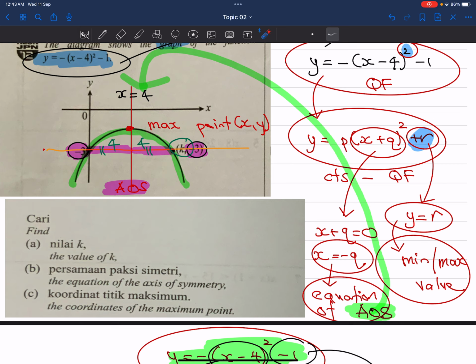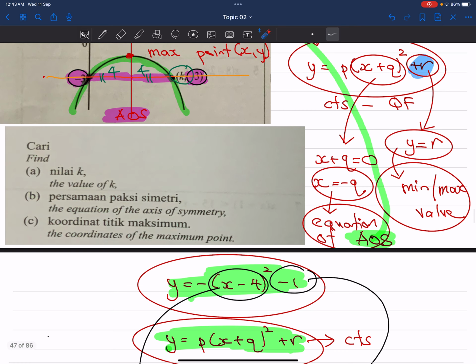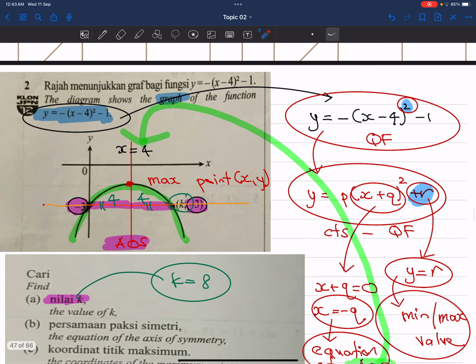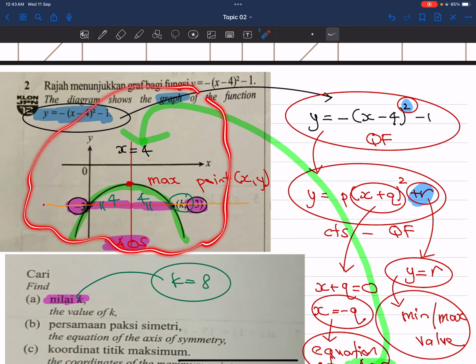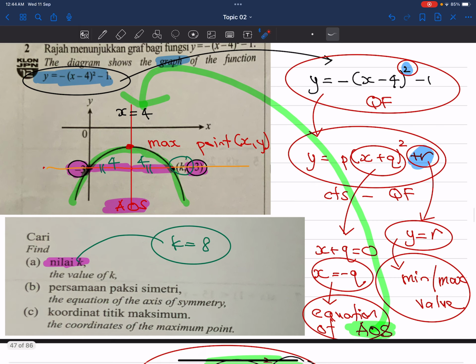So 0 plus 4 plus another 4, that means 0 plus 8, I get k. We got the first answer already, that k is 8. So just by completing the diagram, we got our first answer already. Every time you're given a graph or a diagram, make sure you complete it.